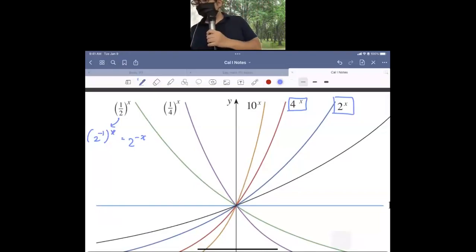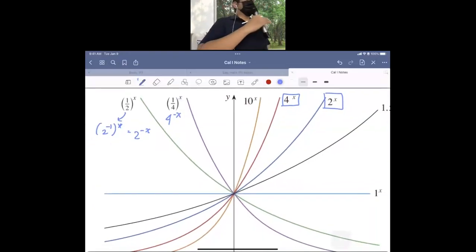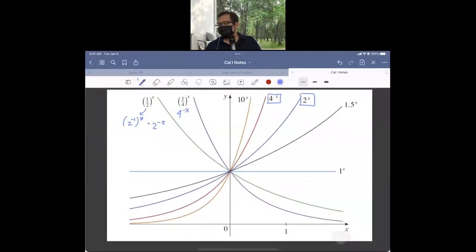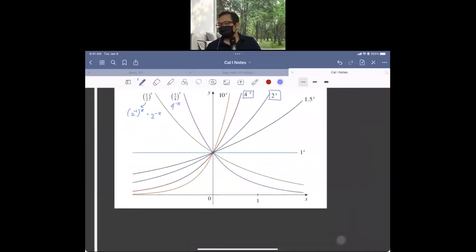The same way for this one, with negative x, we can see that it mirrors 4 with power of x easily. And if you remember what we did with reflection, it's also consistent with the previous one when we mirror with the y-axis, okay?